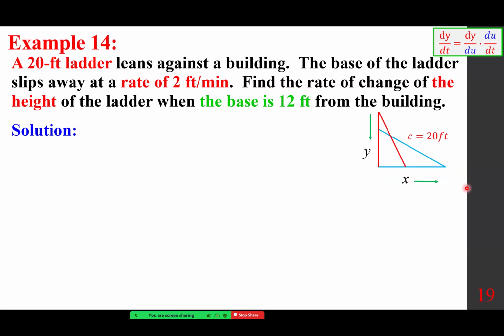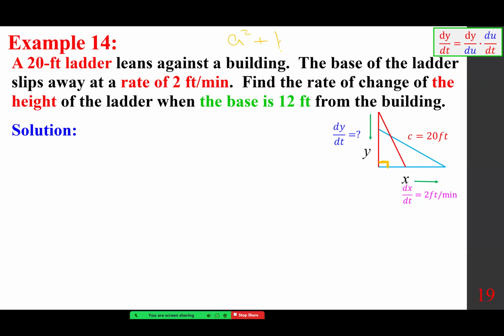So as it moves this way, the speed or the rate is 2 feet per minute. As it comes down, the speed, dy/dt, is missing. We are looking to find that. Again, notice this is a right triangle.